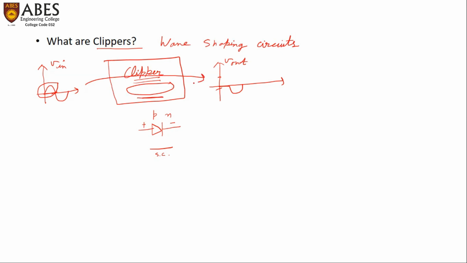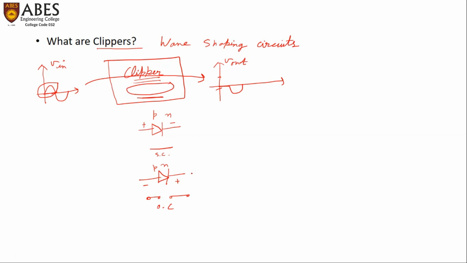And if we want to stop it, we connect the diode in the opposite manner, with P to the negative terminal and N to the positive terminal, because in this case the diode acts as an open circuit and will not pass any output. This is the simplest way we can make a clipper circuit.